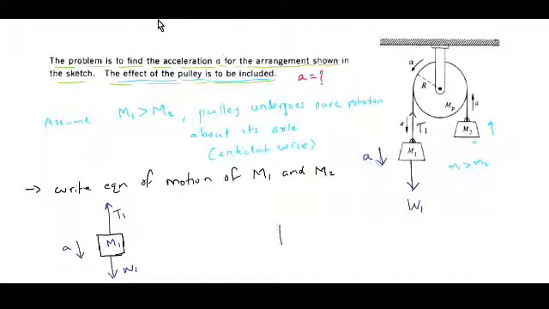And we have the next body, mass m2. Its weight W2 is downward always, and tension is away from the mass. Let me write that tension as T2, and its acceleration is upward.